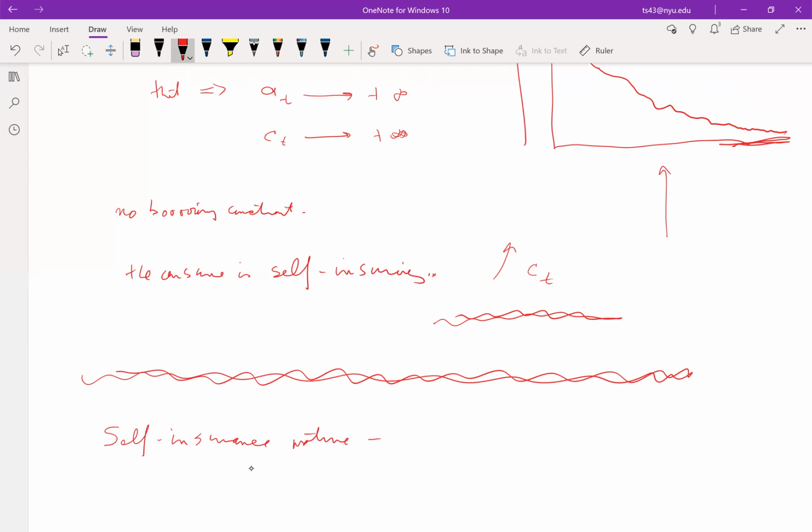It sets up a motive for people inside the model to get out from under the restriction by doing self-insurance, by accumulating enough assets to render the restriction not binding.